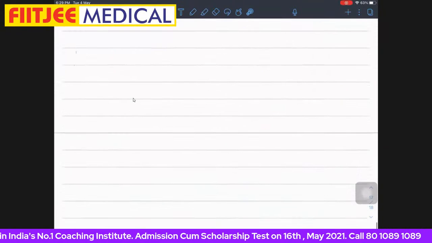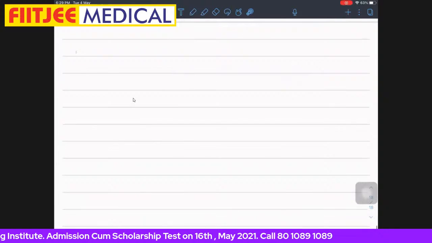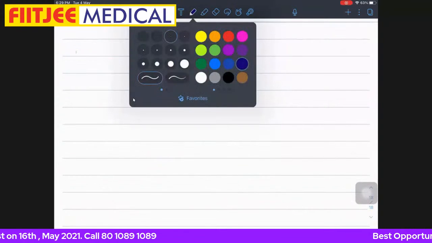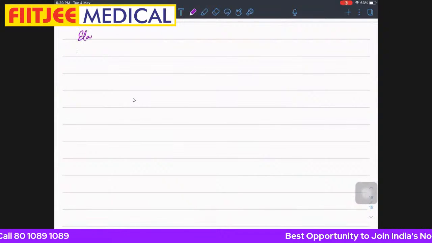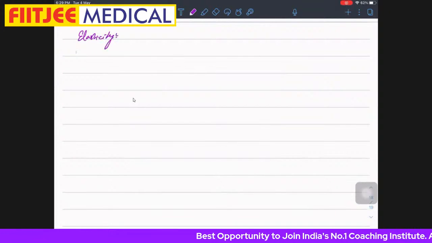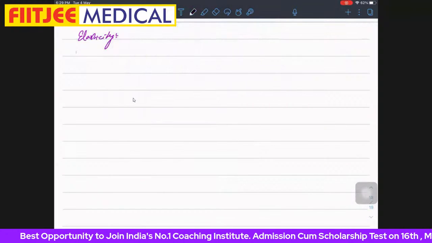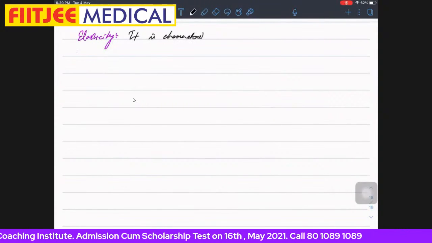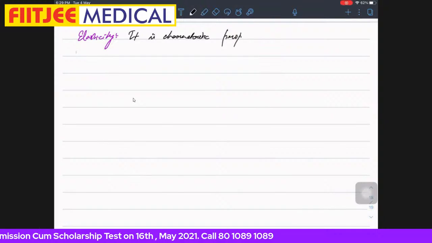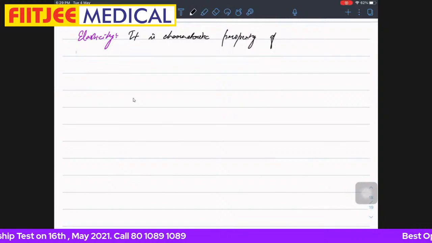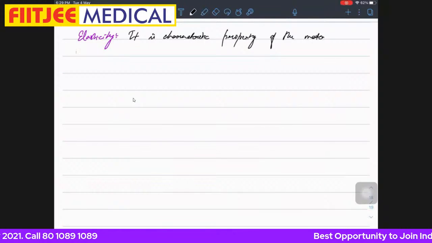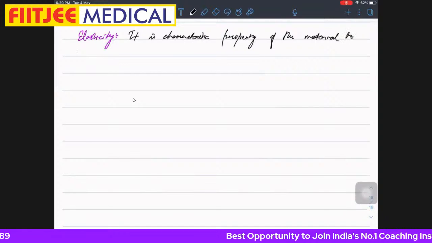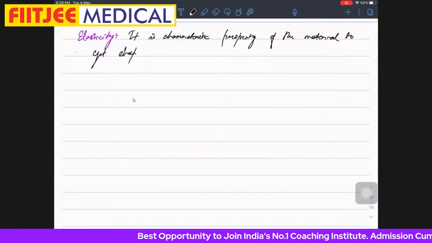Now let's come to problems related to elasticity. What is elasticity? Elasticity is the characteristic property of the material to get its shape back.